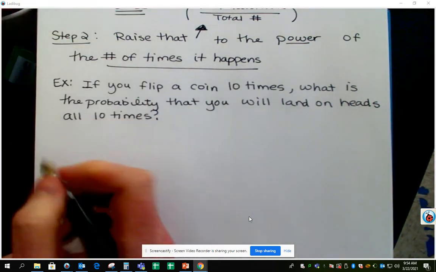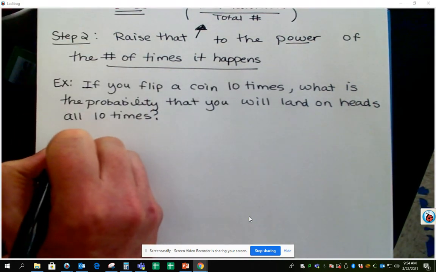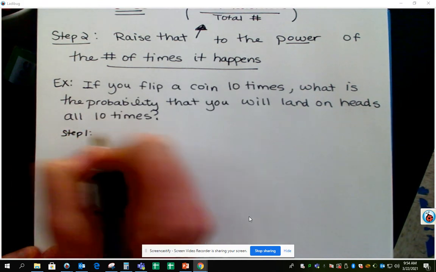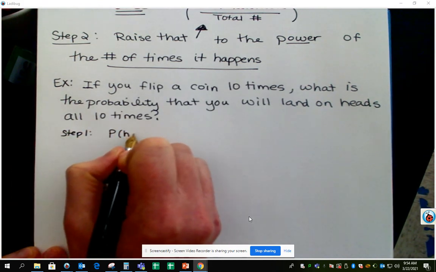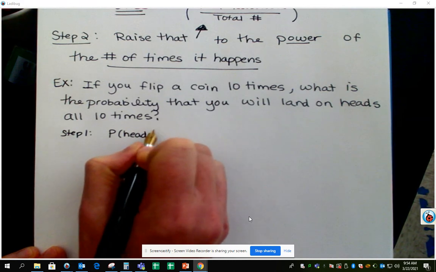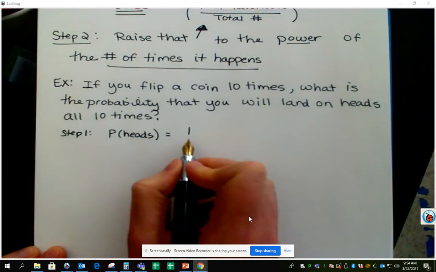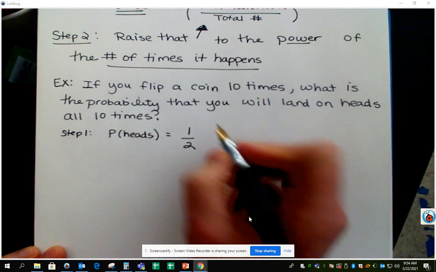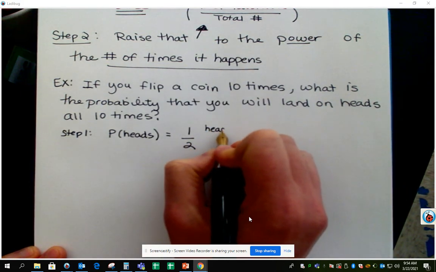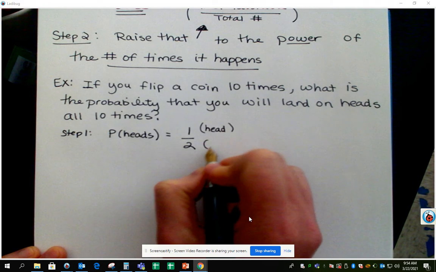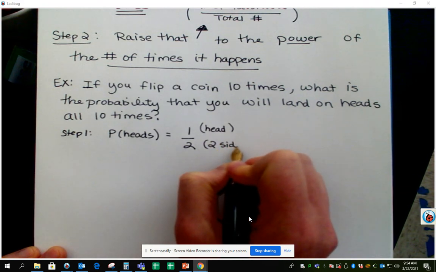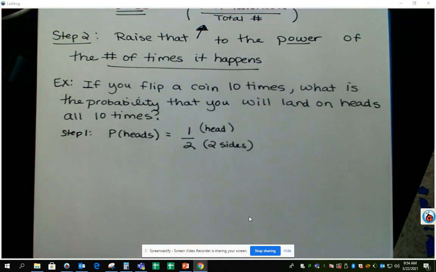So we're going to do step one, which is to find the probability of landing on heads once. There's one head and there are two sides on the coin, right? So the probability is 1/2.